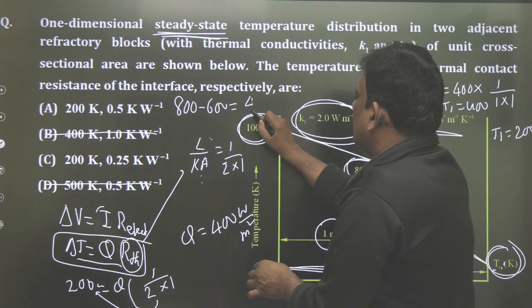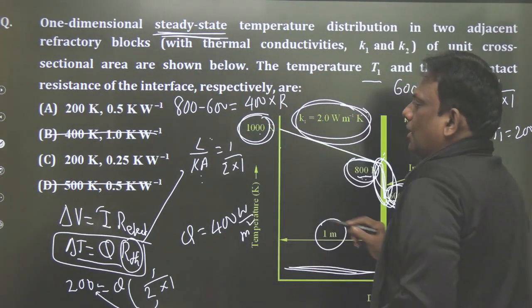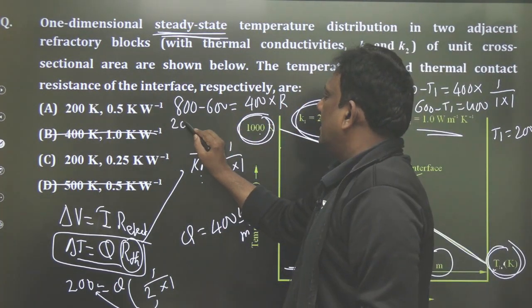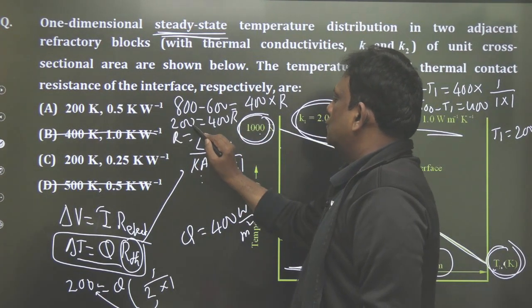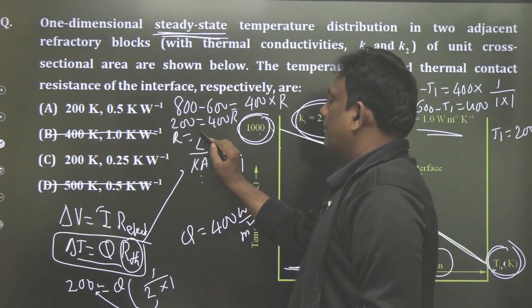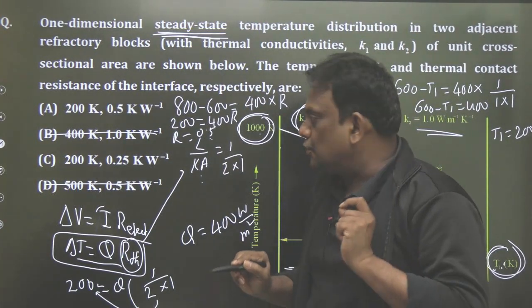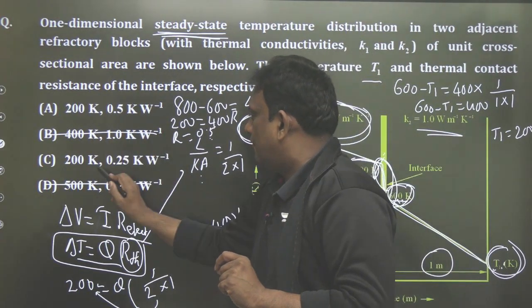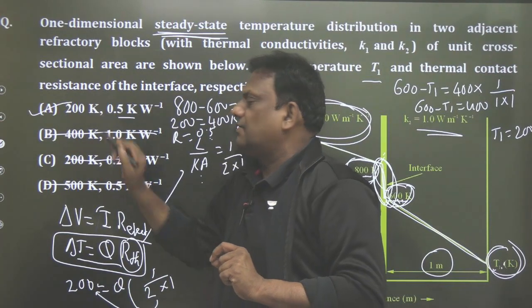Already Q is 400, into R. Delta T is Q into R, so 200 is 400 into R, and you will get R as 200 by 400, which is 1 by 2, that is 0.5. So the thermal contact resistance is 0.5. 0.25 is wrong, 0.5 is correct. This is the first answer.